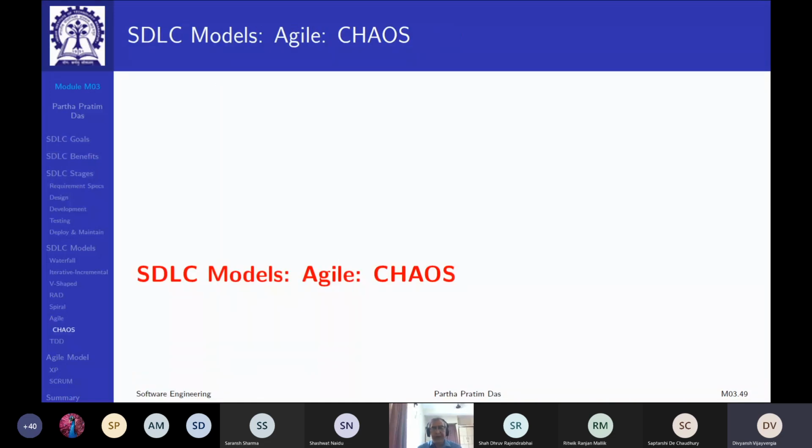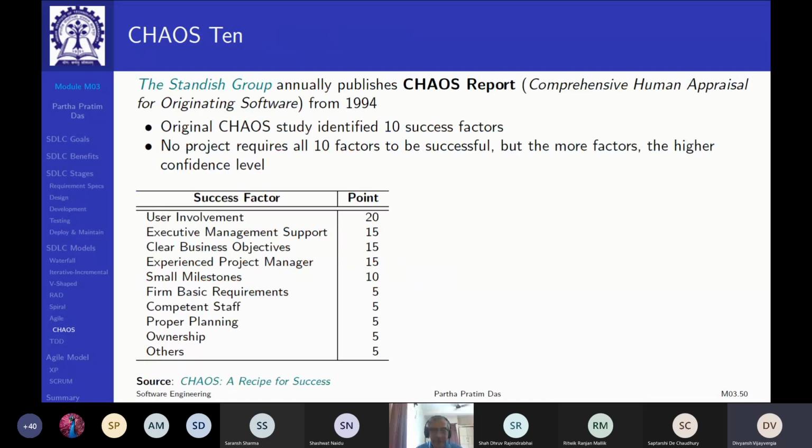There are different variants of agile. I'll just mention this one: for the purpose of creating fun, it's named CHAOS. CHAOS stands for Comprehensive Human Appraisal for Originating Software.